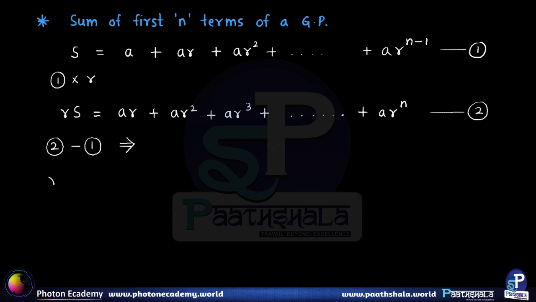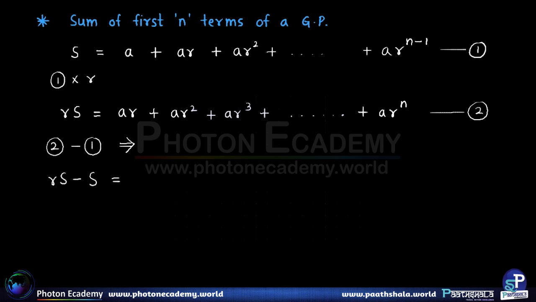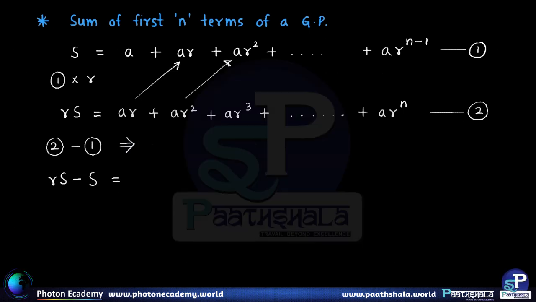So we have RS minus S on the left hand side. Now whenever we subtract the first from the second, looking at the RHS, AR will get cancelled, AR square will get cancelled, similarly AR cube will get cancelled and so on up to the last term AR raised to n minus 1 will get cancelled.